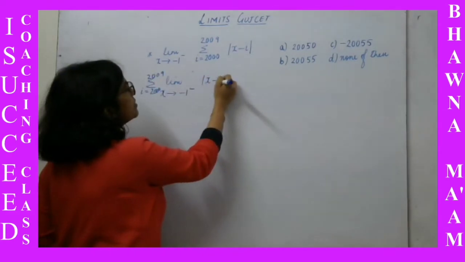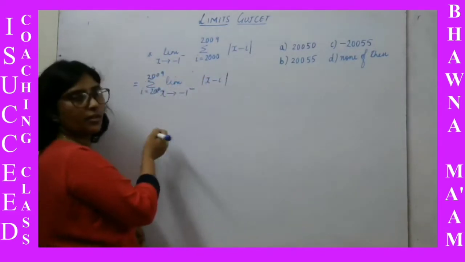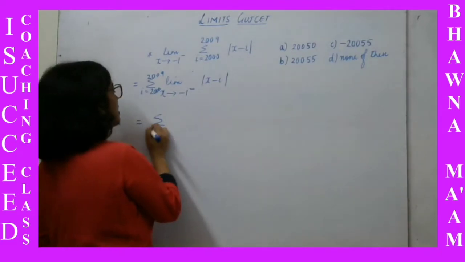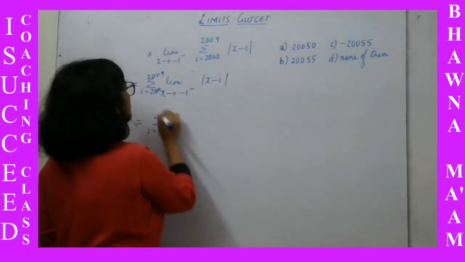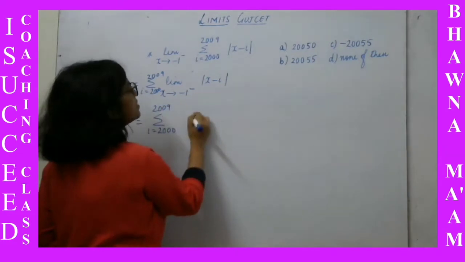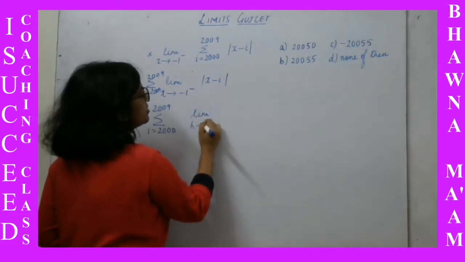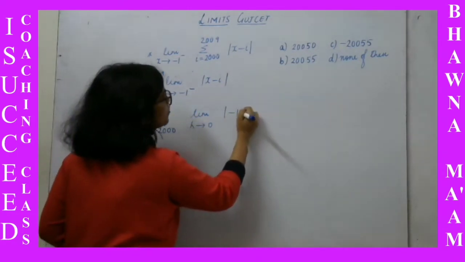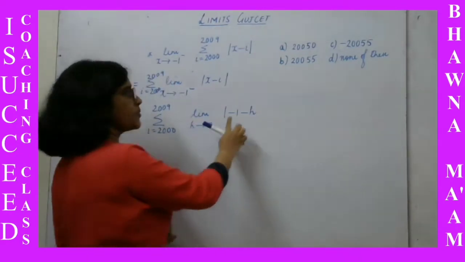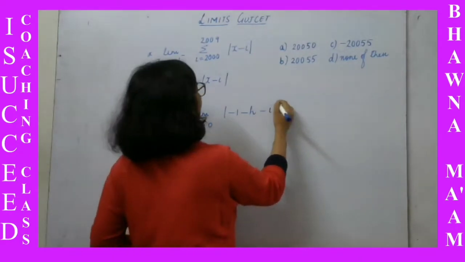So we'll take this here. And that makes it summation i is 2000 to 2009, and since it is left hand limit, we'll take h tends to 0. That means a value smaller than minus 1, which is minus 1 minus h.